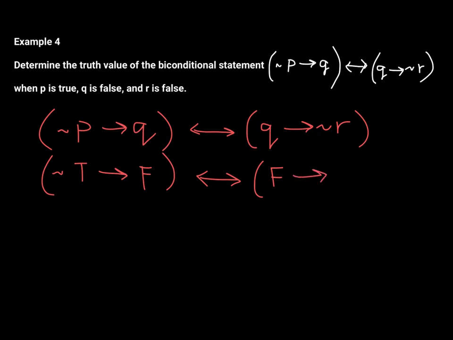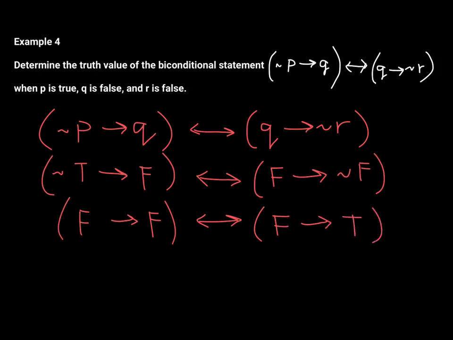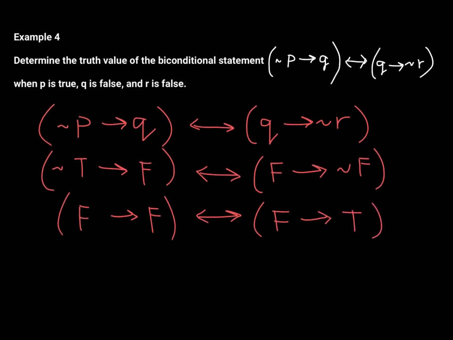And then we have this implies not R. That would mean not false, right? Because they told us R is false. So not true in the beginning, not true, that's false. If false, then false. And then if and only if false, then true. All right, let's keep going.